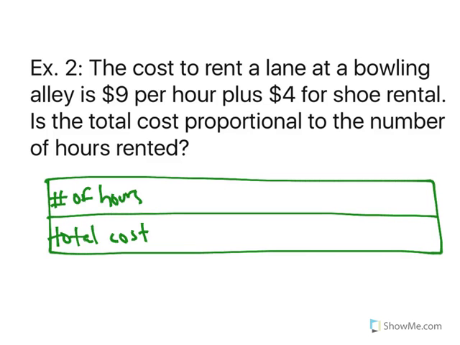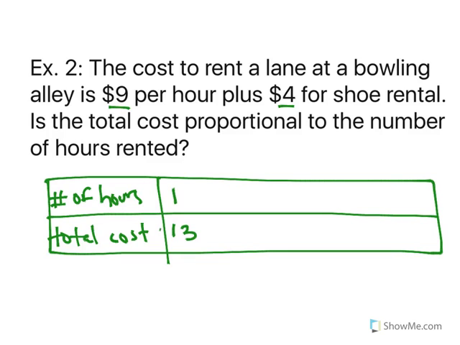Say you just want to bowl 1 hour. It's going to cost you $9 for that hour plus an additional $4 for shoe rental, so 9 plus 4 is $13.